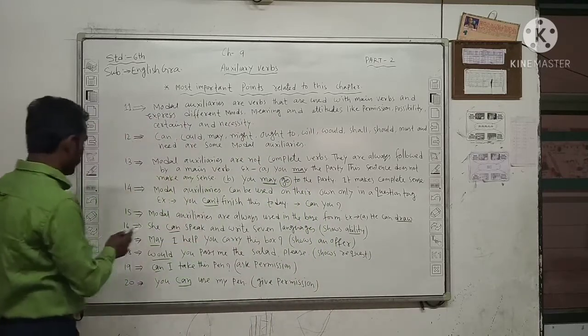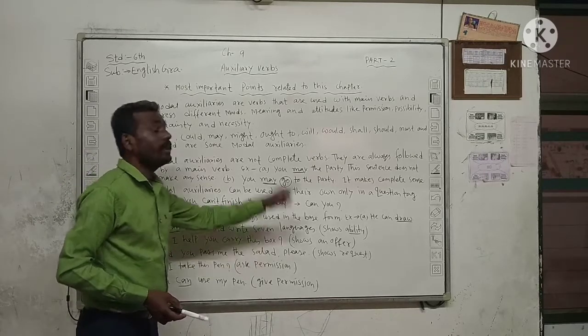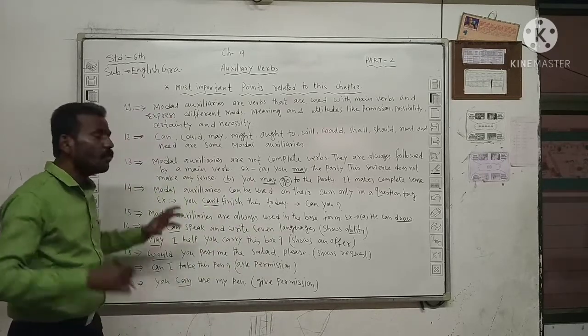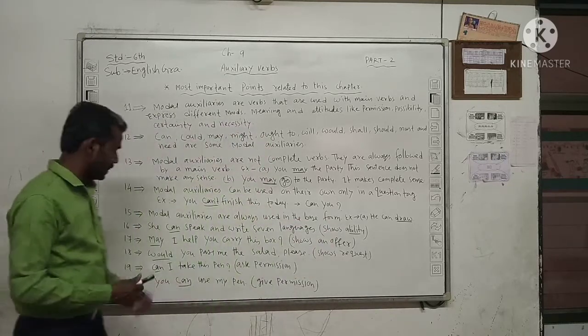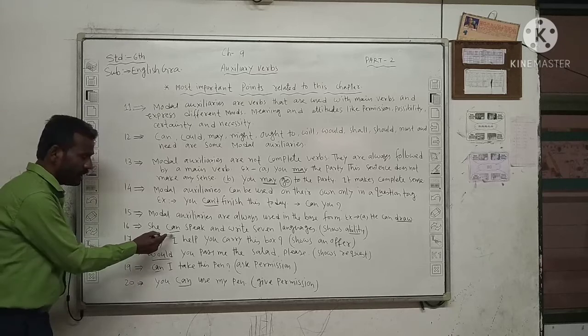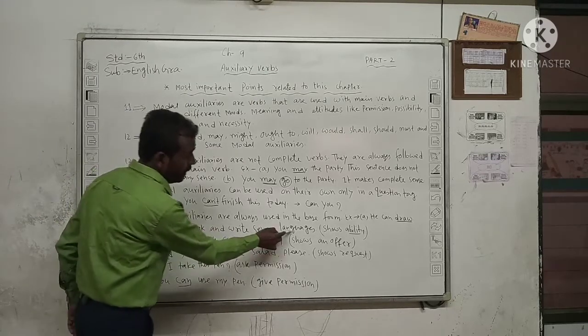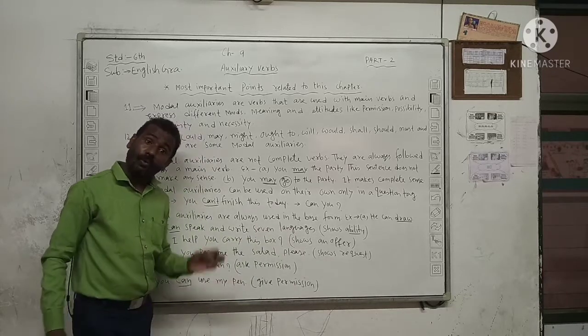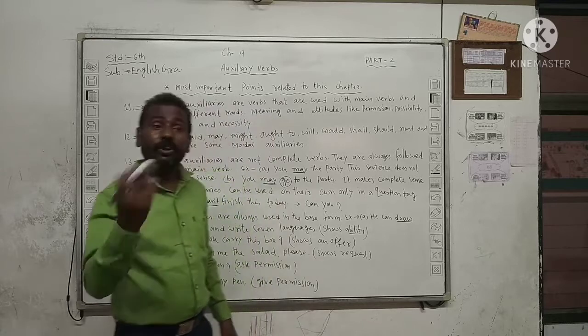Now coming to point number 16. She can speak and write 7 languages. Follow here. Here it shows the ability. Can is the modal auxiliary verb. She can speak and write 7 languages. That means वो 7 languages में लिख सकता है और बोल भी सकता है.